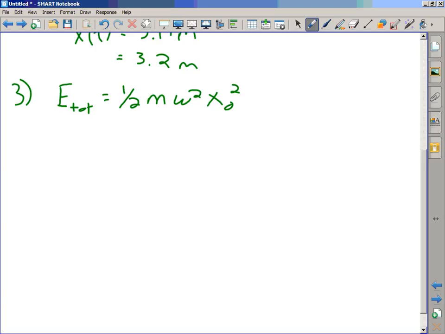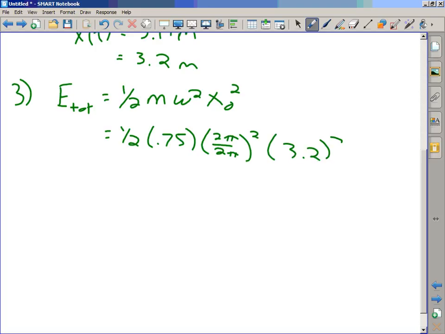It's the amplitude. Some of that's going to be in potential, some of that's going to be in kinetic, right? But total, it doesn't matter. This is just 1/2 times 0.75 times 2 pi over 2 pi times 3.2 squared. What does your total energy come out to be?